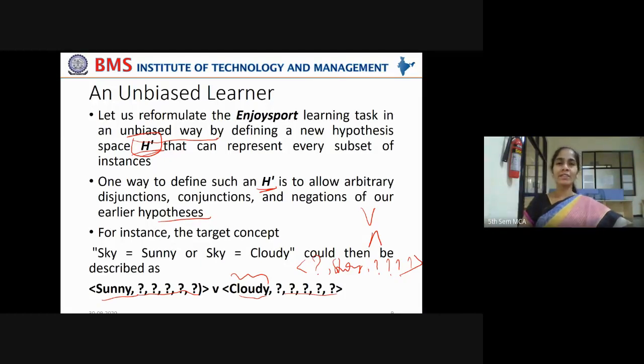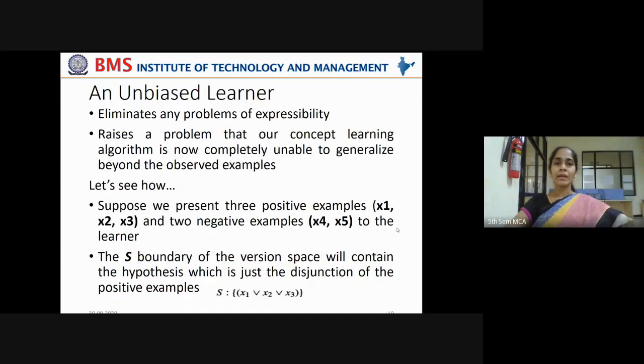Okay, my initial assumption, I made it comfortable so that I include all possible hypotheses. Now, though this eliminates any problem with expressibility, because you're trying to express each and every combination possible, what are the other problems that will arise?